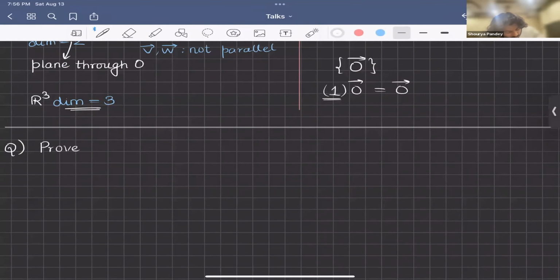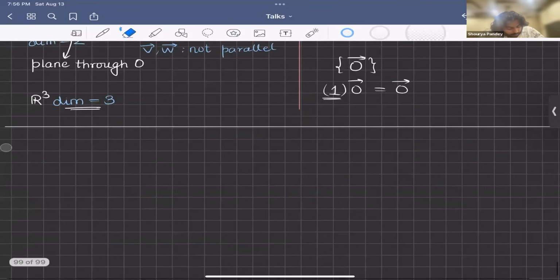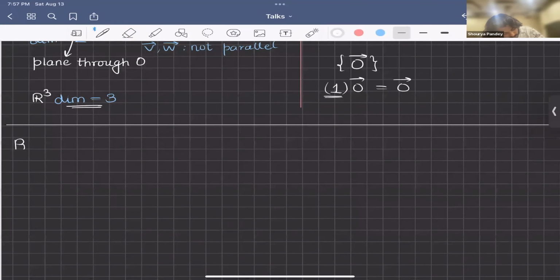Prove that. Well, okay, rather, I want to look at it as a property. It's a really nice property, by the way.